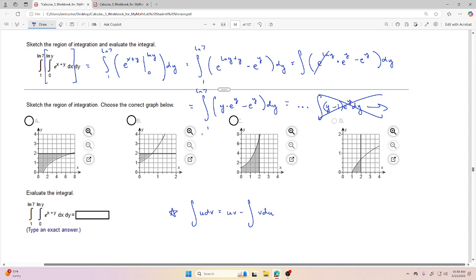So I'm only looking at the first part here. I'm going to say my u is equal to the y, so that du is equal to dy, and it's like 1. It turns into a 1. Super easy. dv is going to be that e to the y dy. So therefore, when I integrate it, it turns back into itself.